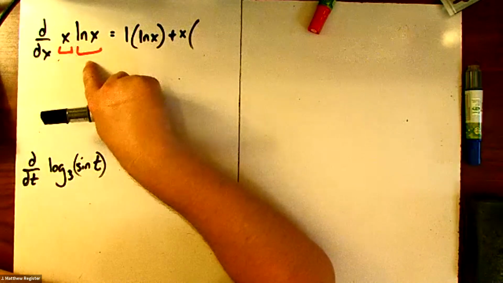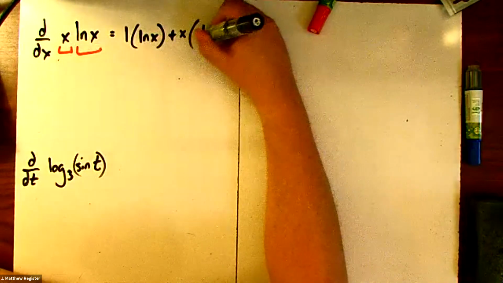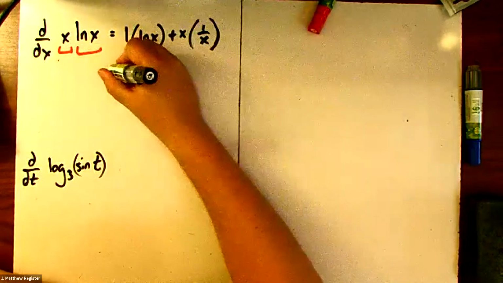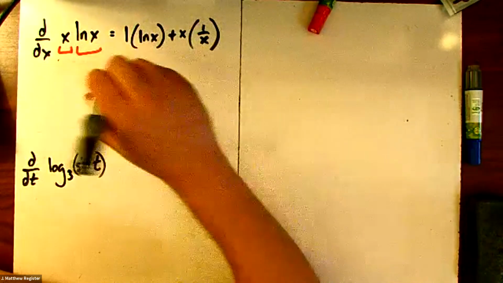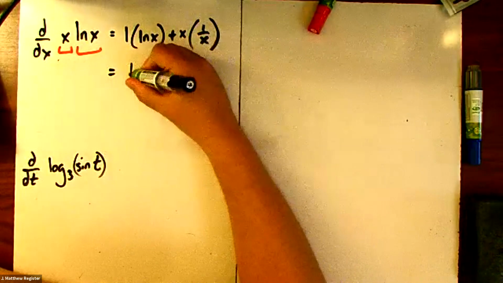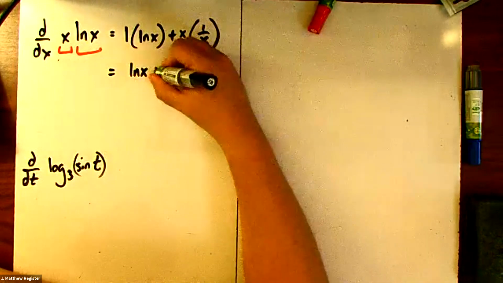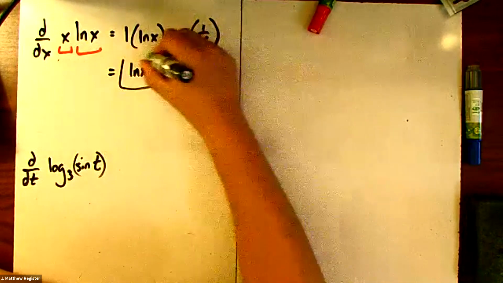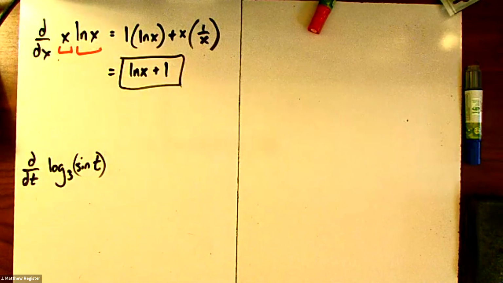The derivative of natural log, we just stated, is 1 over x. And so we actually get the derivative of x ln of x is just equal to the natural log of x plus 1. That one's kind of fun.